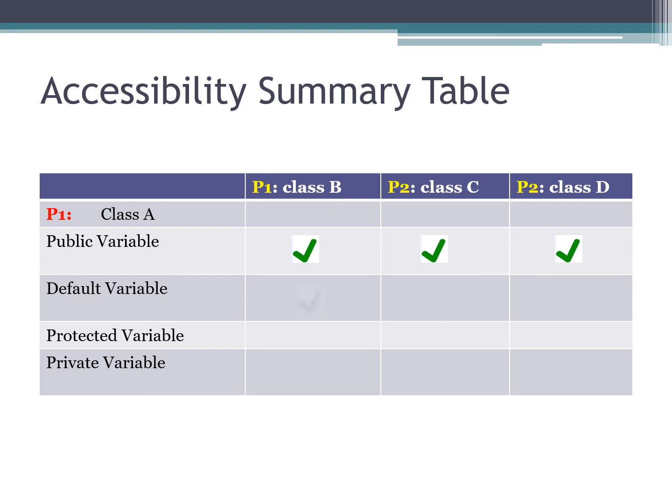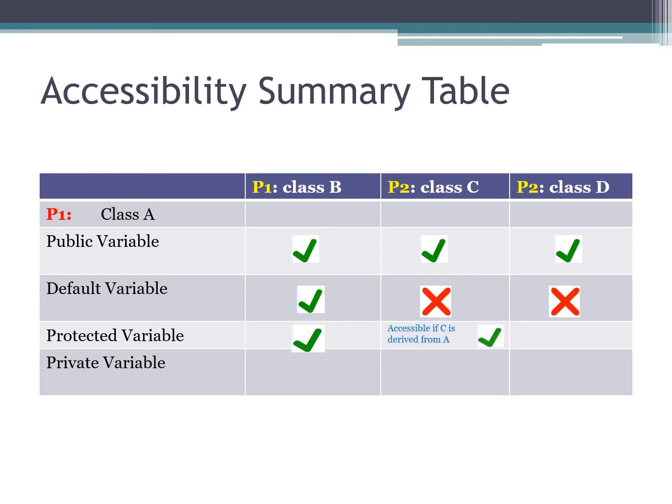Default variable is accessible in class B, which belongs to the same package as class A's declaration, but it is not accessible in classes C and D, as both these classes belong to a different package as compared to package P1. Protected variable is accessible in B as they belong to the same package.